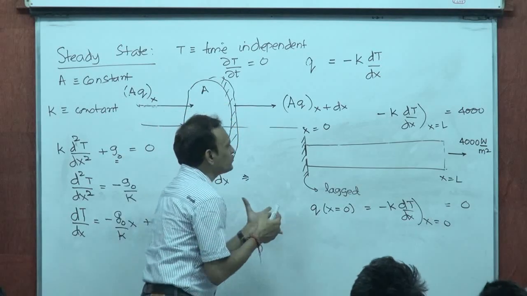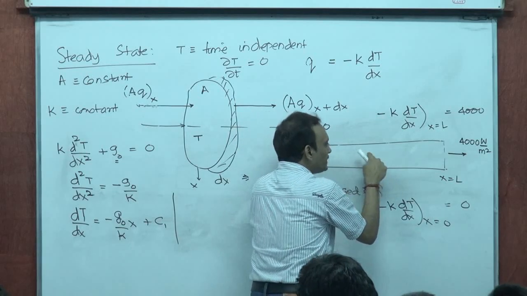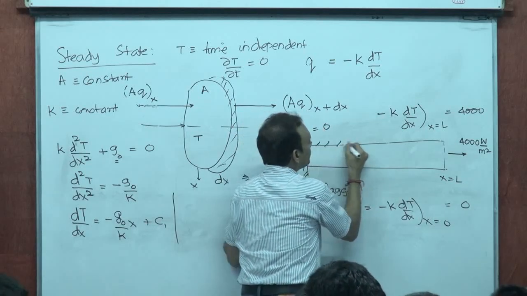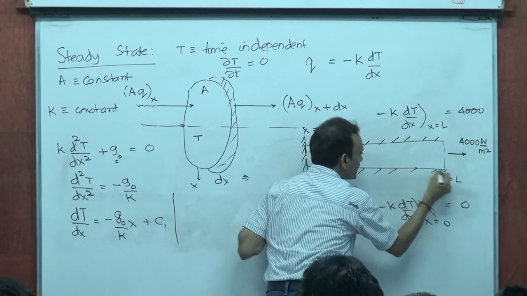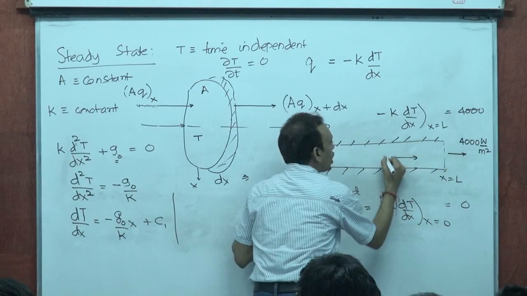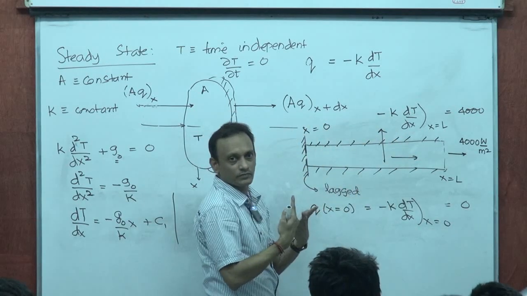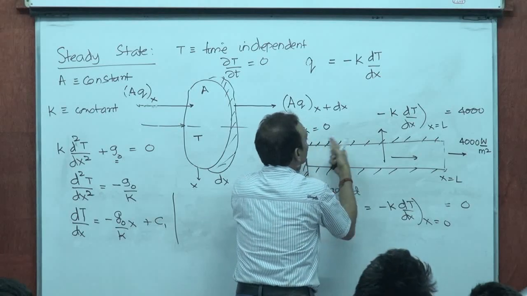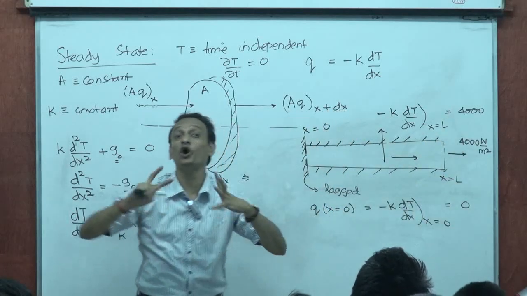In almost all of these cases, we will assume that heat is flowing only in this direction, because this is like a lateral surface. If I say heat is flowing in this direction and not flowing like this, it is equivalent to saying that the lateral surface is lagged or insulated.